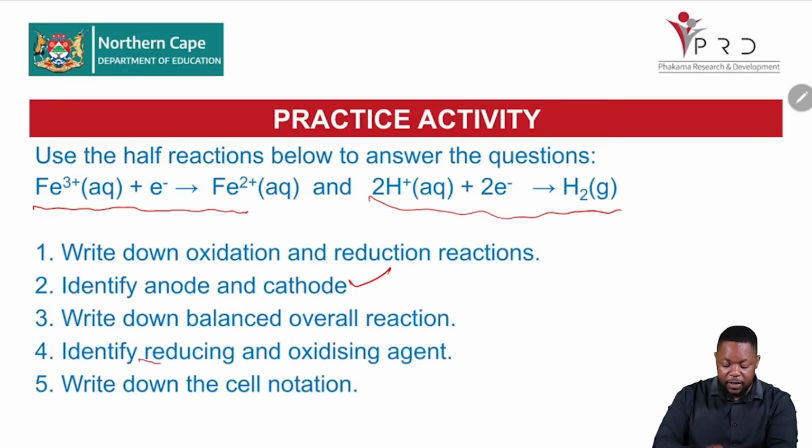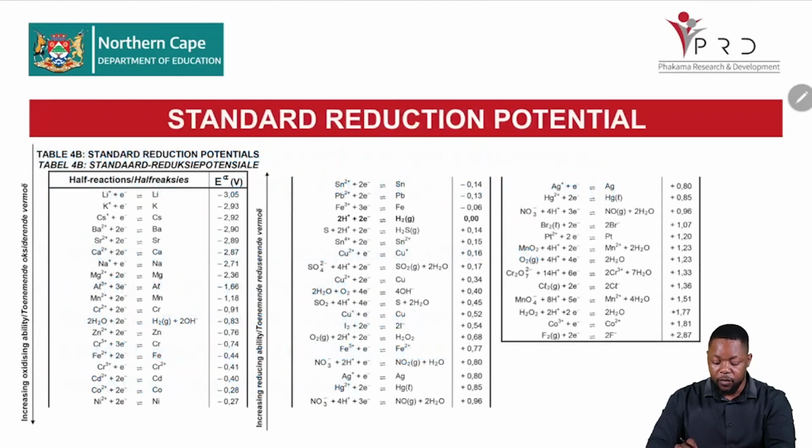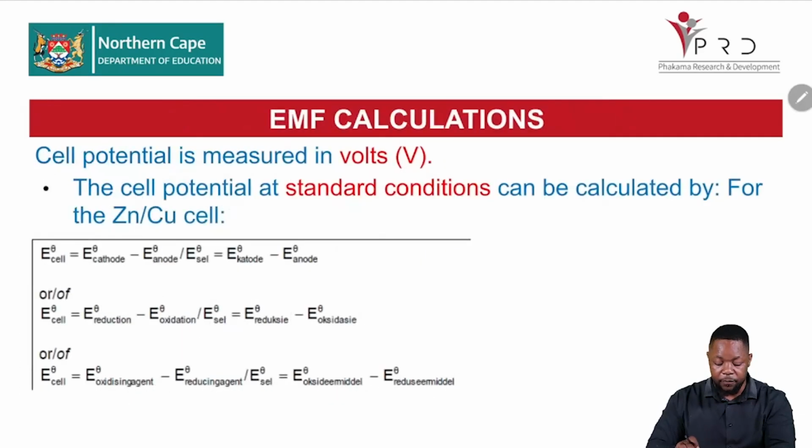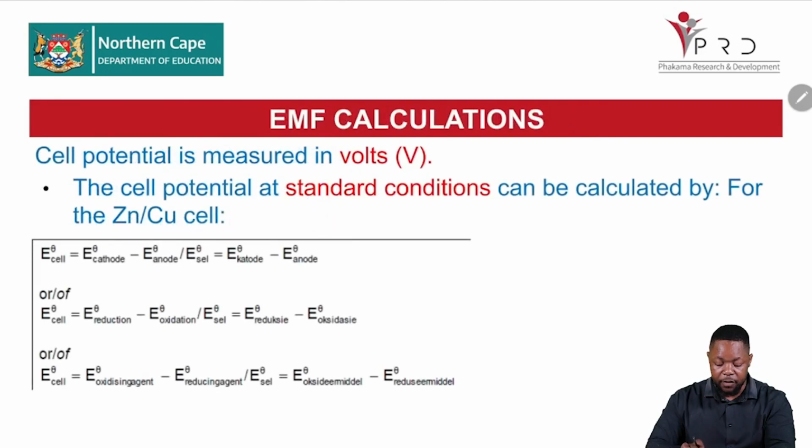Remember that the reducing agent undergoes oxidation and the oxidizing agent undergoes reduction. And then you can easily find them. Then we can write down the cell notation. So that is how we are going to look at the problem as indicated there.